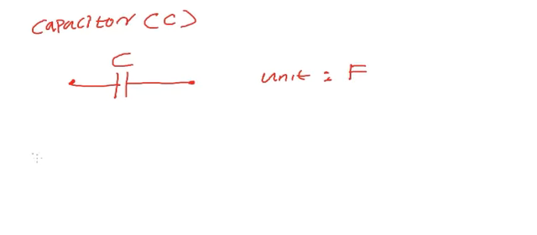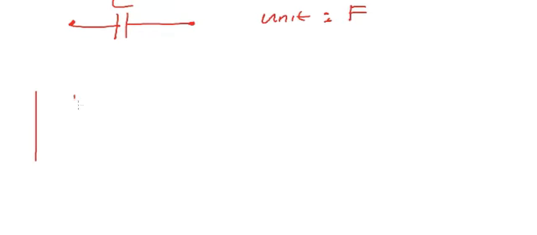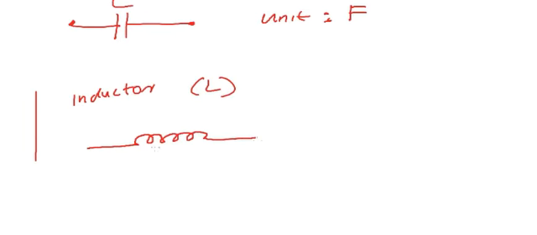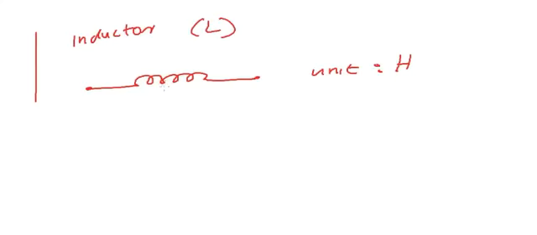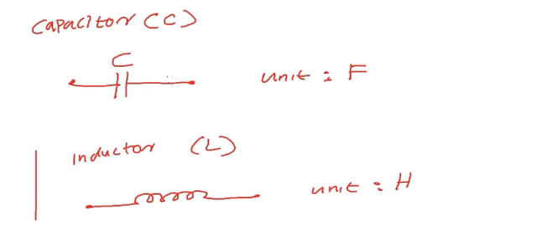Then inductor, represented by L. The inductor is also a two-terminal device, and the unit is what? Henry. The unit of resistor is ohm, capacitor is farad, and inductance is Henry.